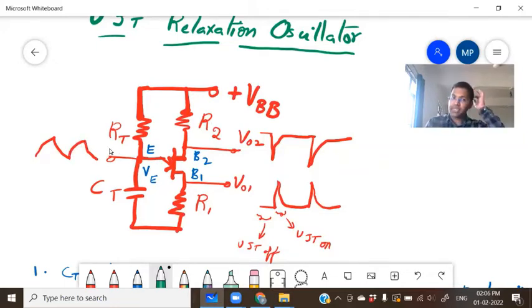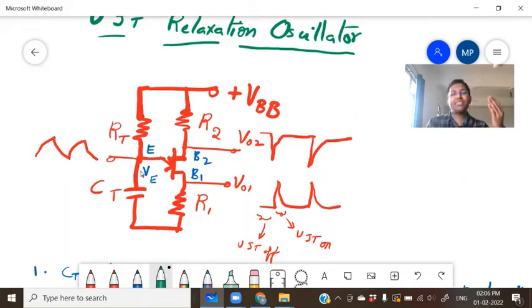Once again, I repeat: when you switch on, the capacitor CT charges until the voltage VE becomes the peak voltage, the voltage at the peak point of UJT. UJT turns on. When UJT turns on, the capacitor discharges, so VE reduces.